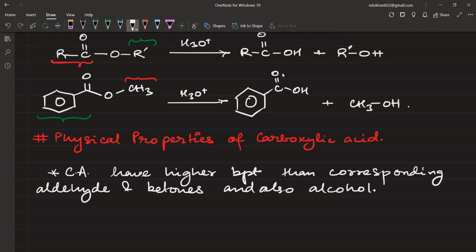Why is that? Why does carboxylic acid have a higher boiling point than alcohol? This is due to extensive hydrogen bonding.